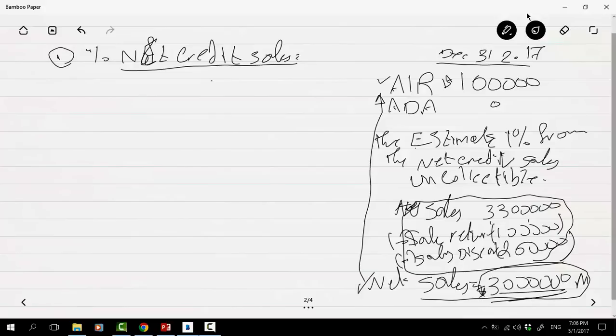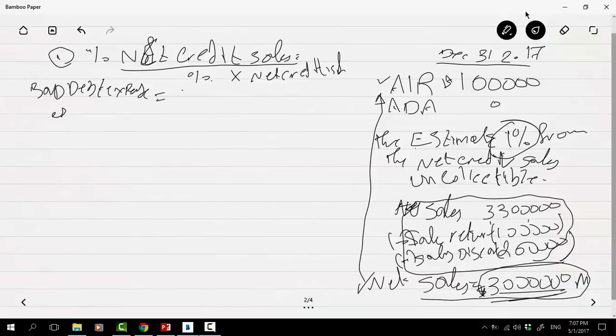Okay, then can we get the bad debt expense, the estimation of the amounts that is expected not to be collected? For sure. Why? The percentage that will be uncollectible multiplied by the net credit sales. Okay, the percentage 1% is given in the problem.